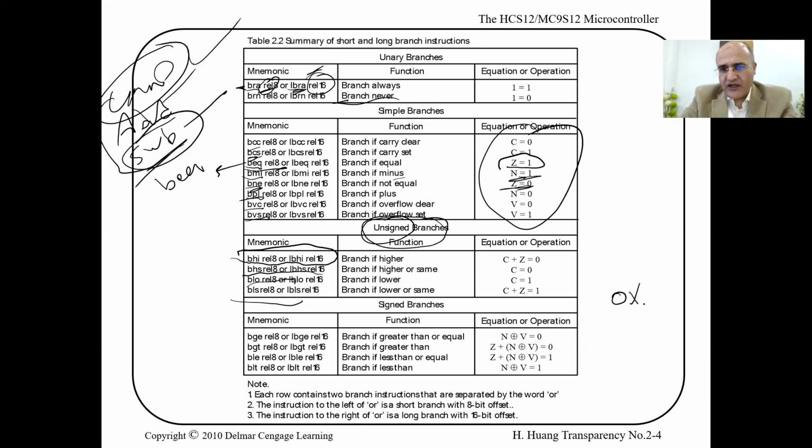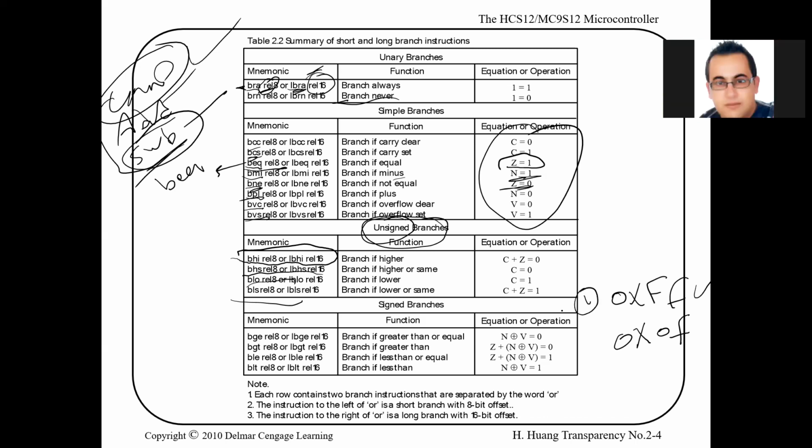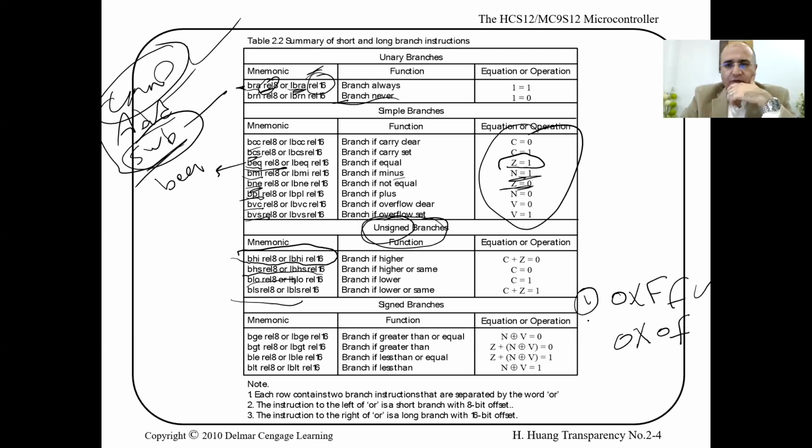And if you compare 0xFF with 0x0F, what is higher? The first one is higher, right? Yes. But if you use this one, branch if greater, this one is greater. Why? Because here we're dealing with signed numbers.